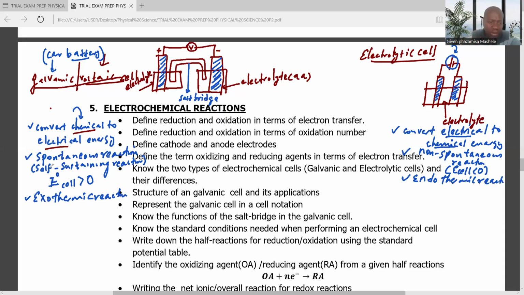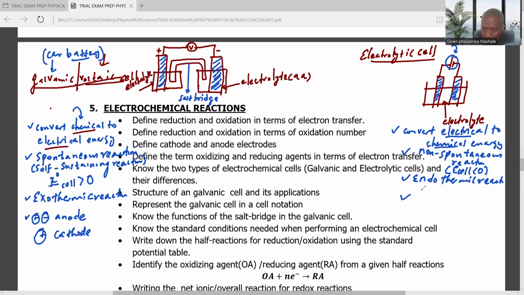But in terms of structure, I want to address something very important. In a galvanic cell, the negative terminal is the anode, and the positive terminal is the cathode. But on this side, it's vice versa.